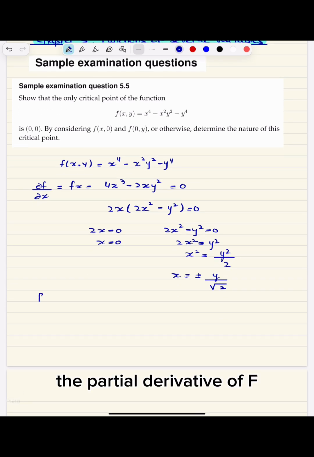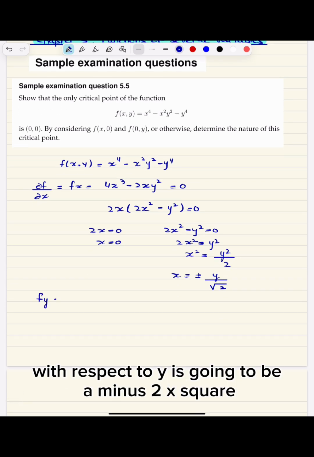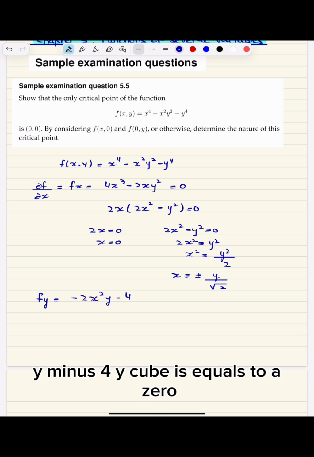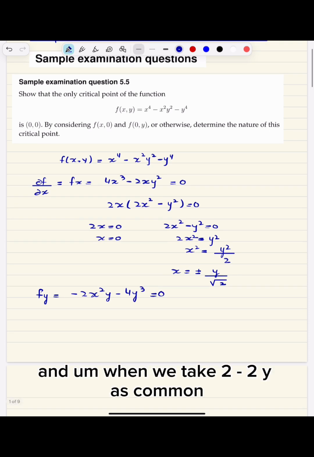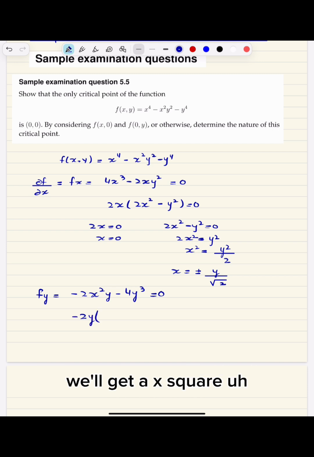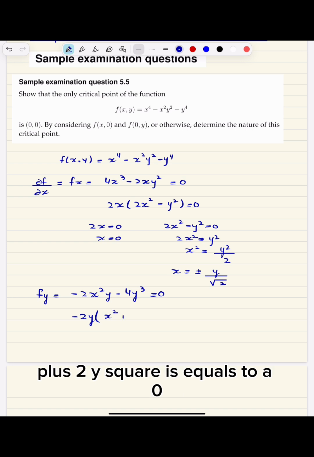The partial derivative of f with respect to y is going to be minus 2x squared y minus 4y cubed, equal to 0. And when we take minus 2y as common, we'll get x squared plus 2y squared equal to 0.